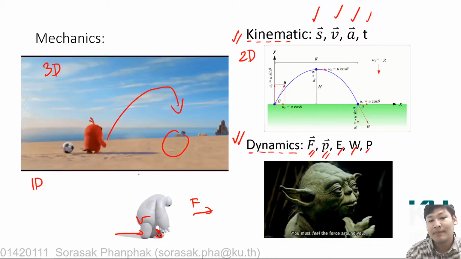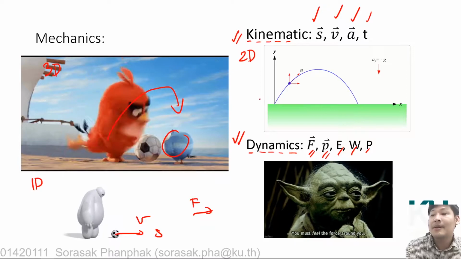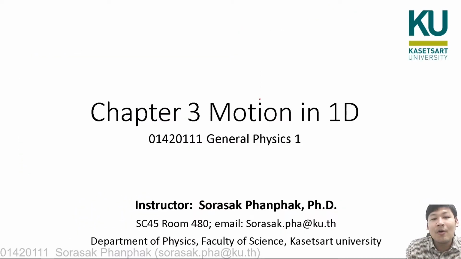So it happens in 1 dimension, 2 dimensions, and also 3 dimensions. But first of all, we start with motion in 1 dimension. You can start from the beginning, and then apply it to 3 dimensions, because what is happening in reality is happening in 3 dimensions.